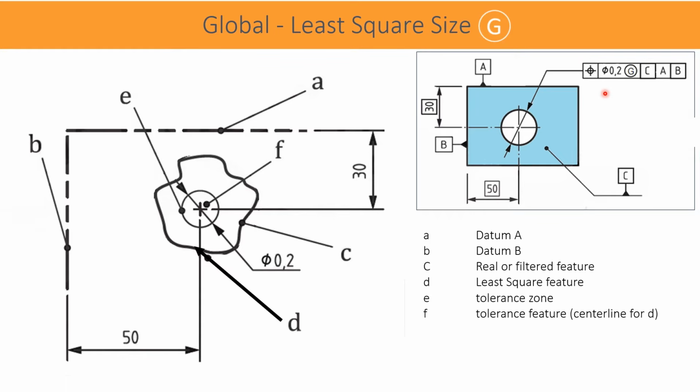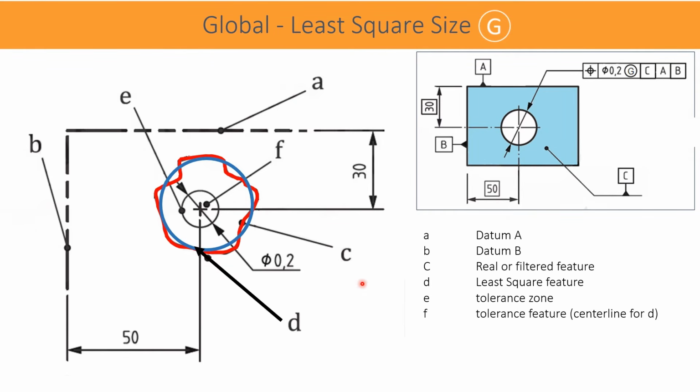Now let us discuss global sizes. In this given drawing, the hole position is specified with respect to datums C, A and B. Also, we note that the symbol G is given here. This symbol represents that the position of the hole is calculated when the hole is measured with the least square method. Size and location of this hole would be with the best fit computation of the method.